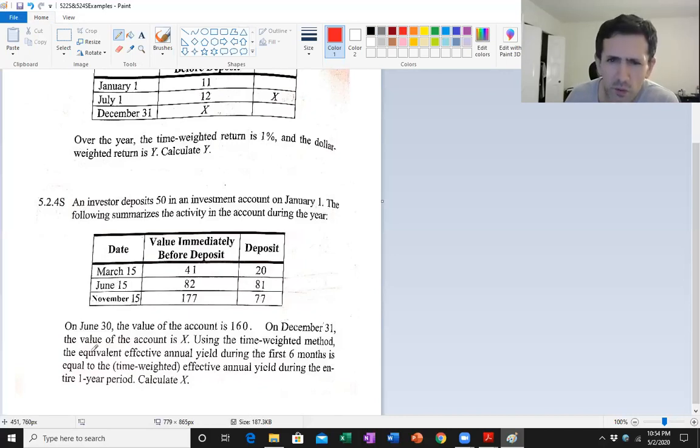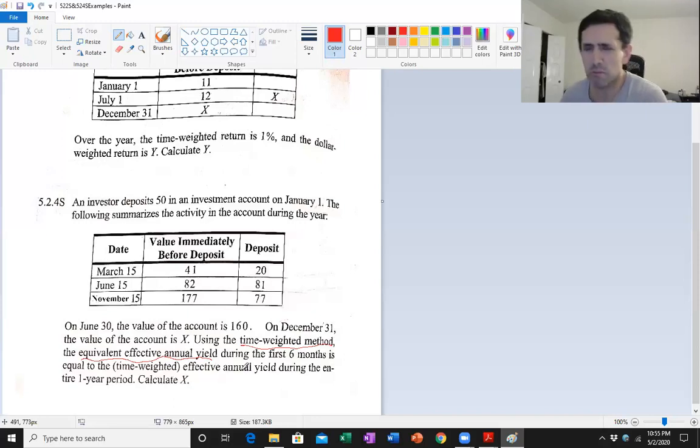So it's using the time-weighted method, the equivalent effective annual yield during the first 6 months is equal to the entire yield during the 1-year period. Calculate X. Okay, so what are they saying there?